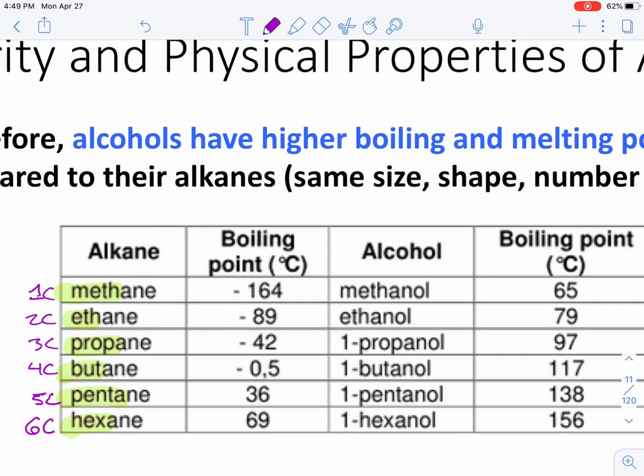You'll see that root word on alcohols as well. So we have methanol, ethanol, propanol, butanol, pentanol, hexanol.